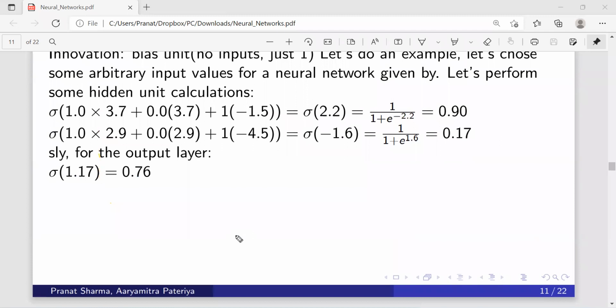Let's suppose we have our output as 0.76. It's our final output. You must be thinking, how do we interpret these numbers? Let's say again the food example, we have modeled it by, let's say, any three parameters.